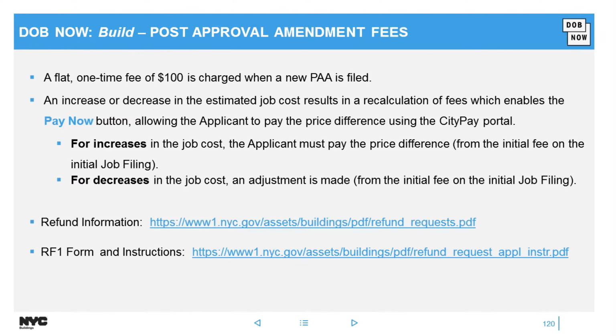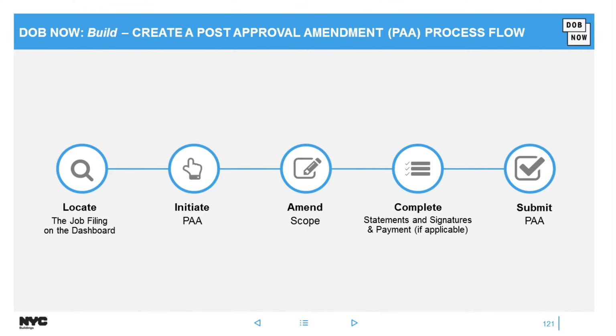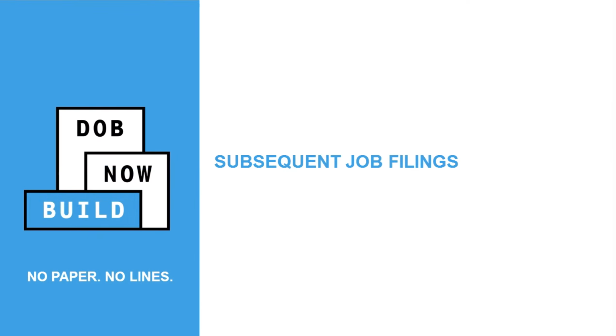The fees didn't change. If it's more money, you can pay that online. If it's less and you need a refund, you would also submit that refund form to customer service. So again, back on the dashboard, you would locate the job file, scroll across to the select action column, select PA, make your changes, and then submit it to DOB.